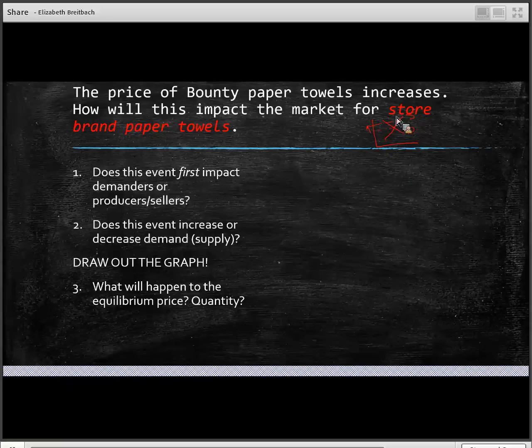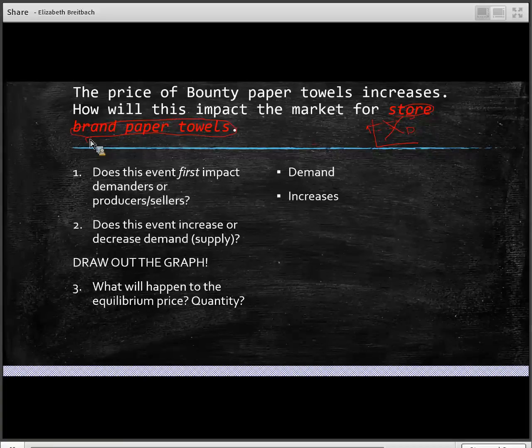And we've already talked about this in terms of a monopolistically competitive market, many substitutes or brands. So as I'm walking down the aisle, I see that Bounty paper towels have increased, and as a consumer, that's going to affect my decision on what to purchase. And I'm actually going to increase my demand for other paper towels as I see one brand increase in price.